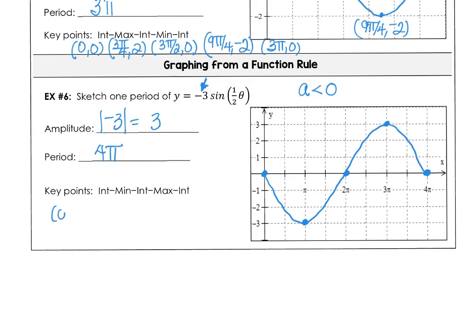And labeling our key points would be the origin, pi -3, 2 pi 0, 3 pi 3, and the last intercept 4 pi 0.